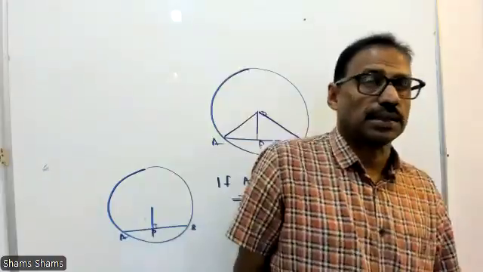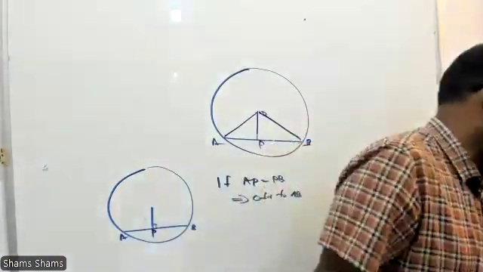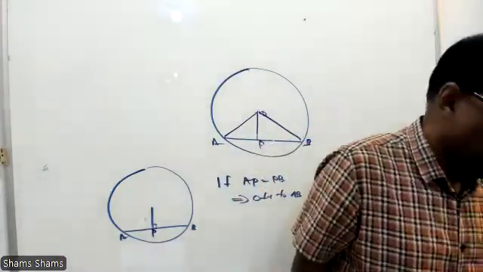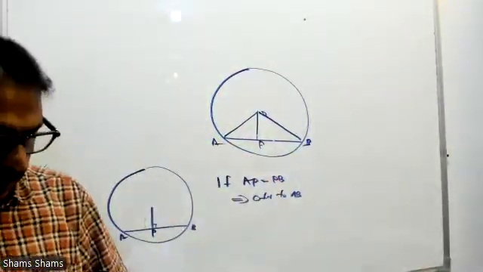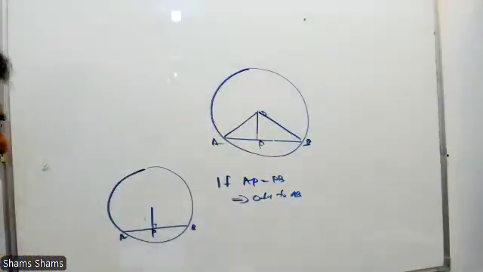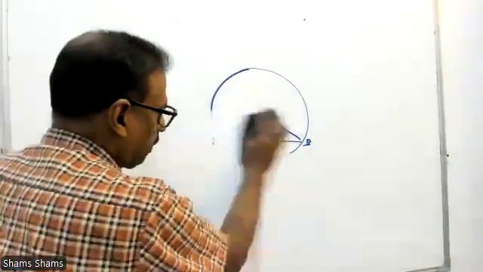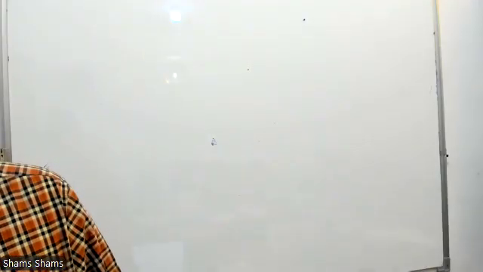Write the question. The radius of a circle is 13 centimeter and the length of one of its chords is 10 centimeter.